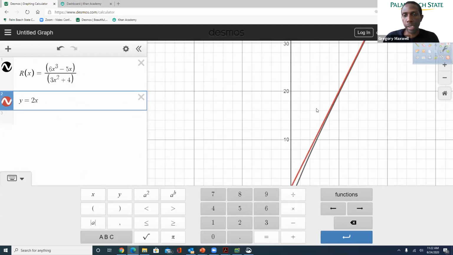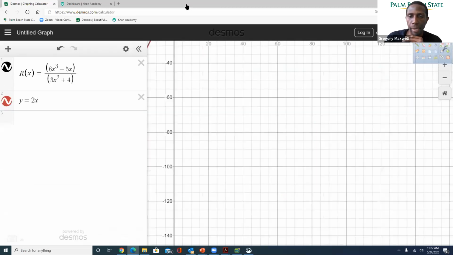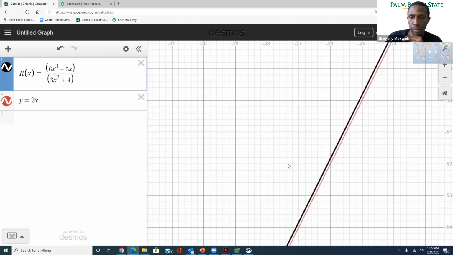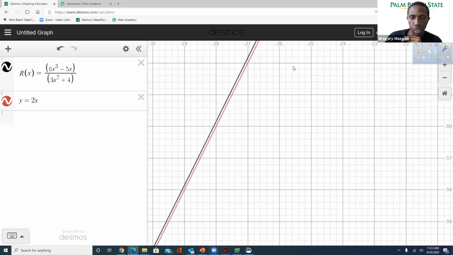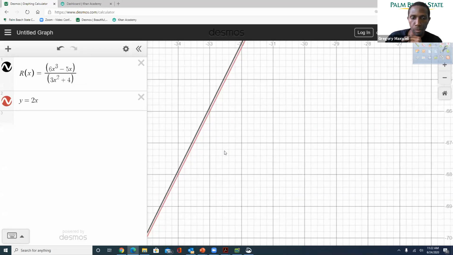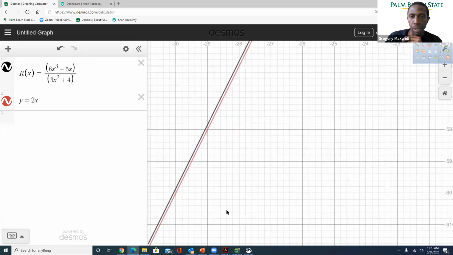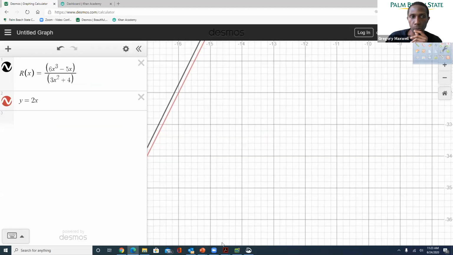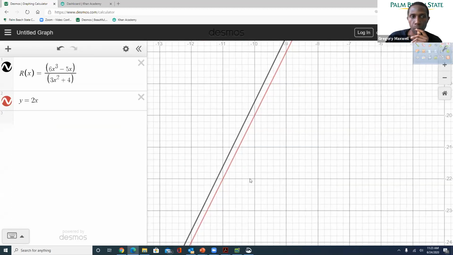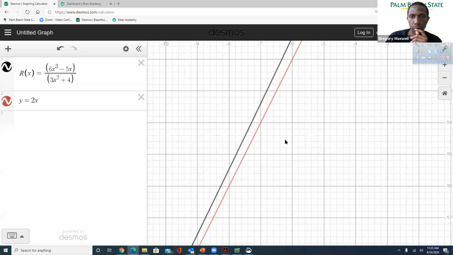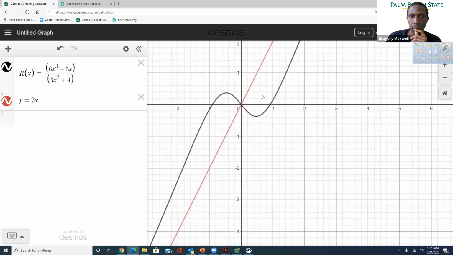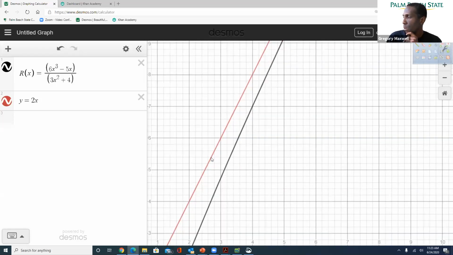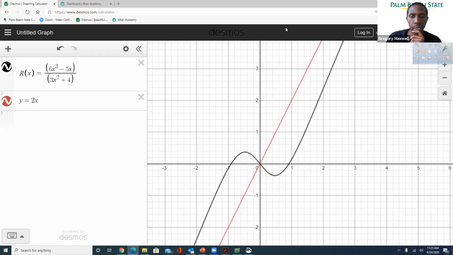And as you can see, the two graphs level off together. Eventually, they will pair up because y equal to 2x is the oblique asymptote. So that is our answer there.